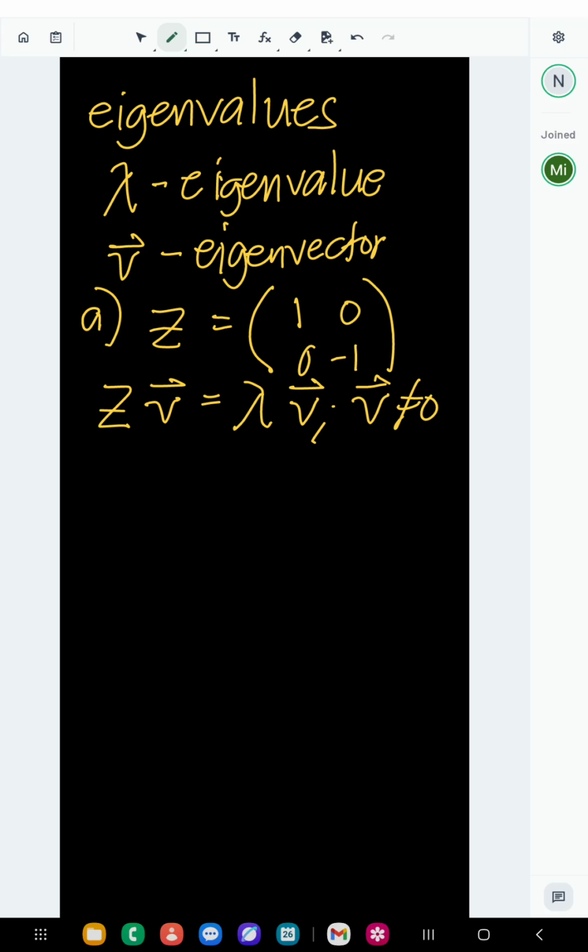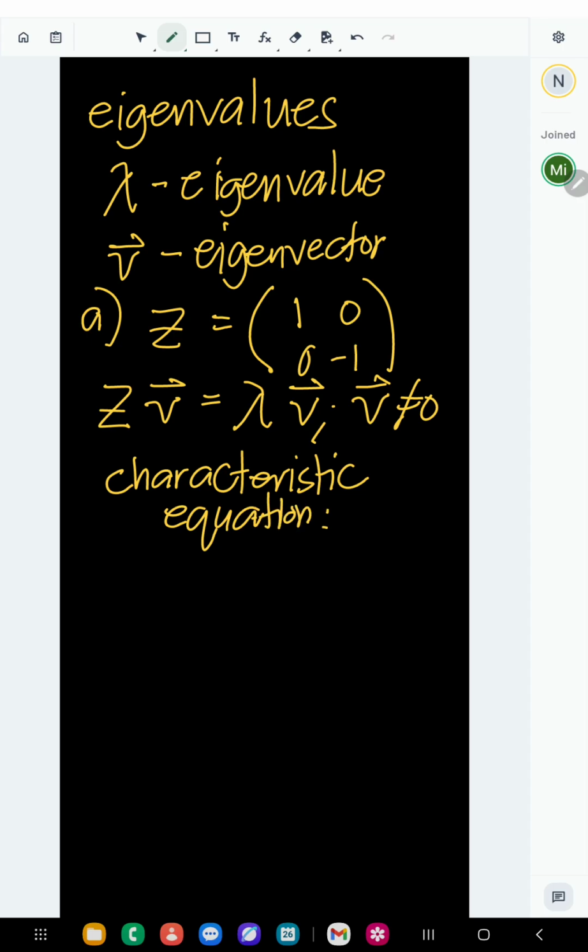So you can use this characteristic equation or polynomial equation. Okay. Z is for the matrix, but you can use other matrices. Okay, Z minus lambda times the identity matrix. You asked me last time what's the use of the identity matrix, because it has 0 and only 1 value. It's useful here.